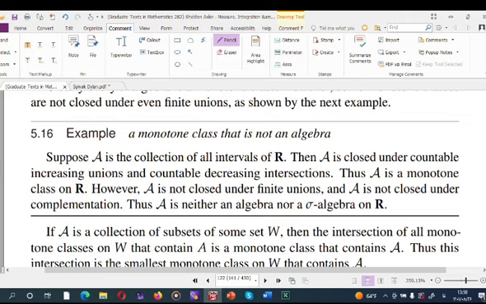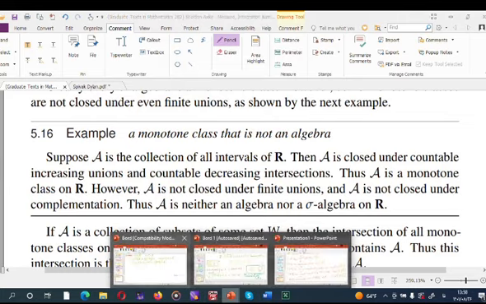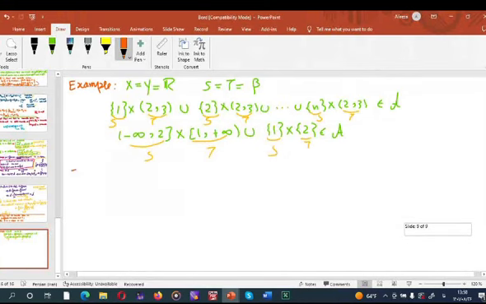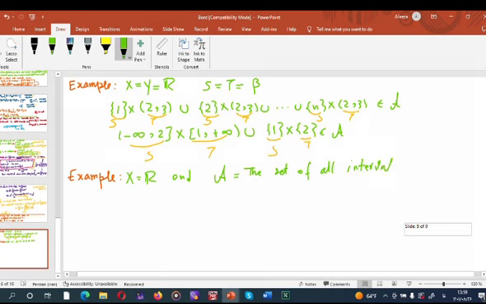It is very clear that if we consider A, the set or the collection of all intervals in R, then A is a monotone class, but A is not an algebra.